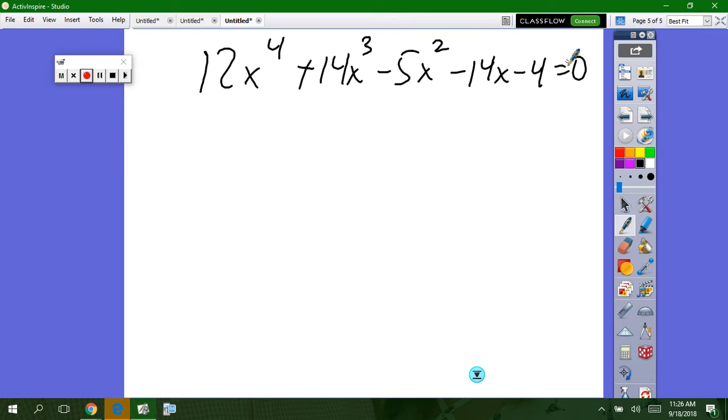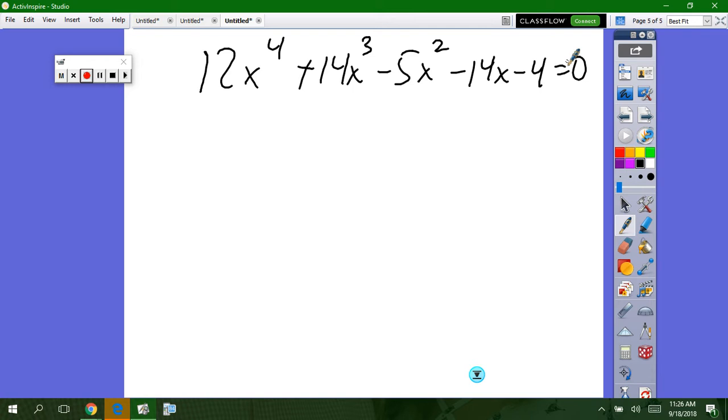I do have to find 4, that's correct. How many do I have to find until I can find for certain what my other ones are? 2, because after I do it once, I'm down to x cubed, right? Then I'm going to try x cubed, and if I find another 0, then I'm down to x squared. Now x squared, what can I always find? The other 2, because those are the easy ones. Does that make sense to everybody? Because I can factor or use the quadratic formula.